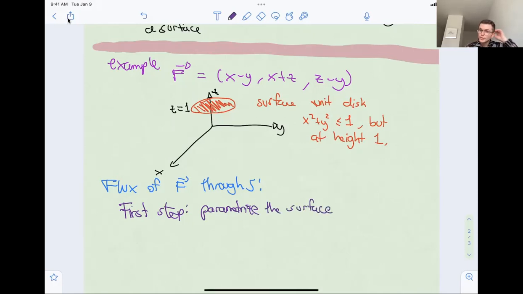Oh, and also, I should have said this a bit earlier, but when you talk about a normal vector to a surface, there are two options, because if this is a normal vector, minus that is a normal vector too.